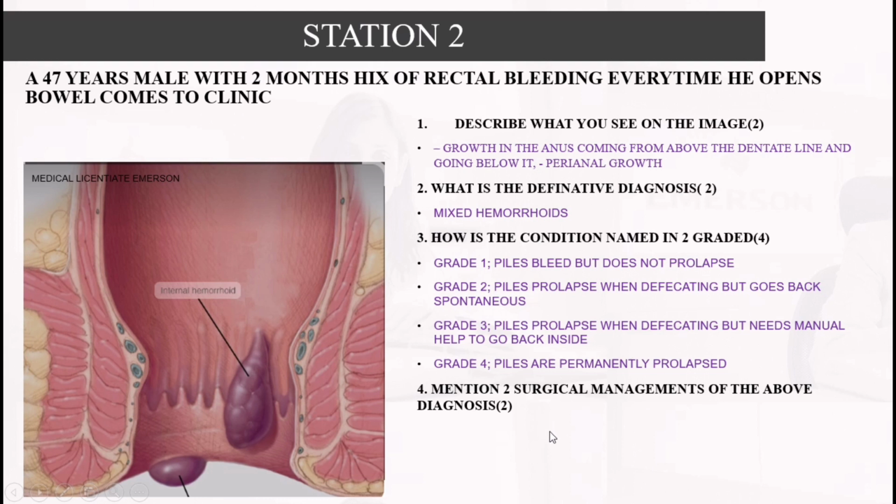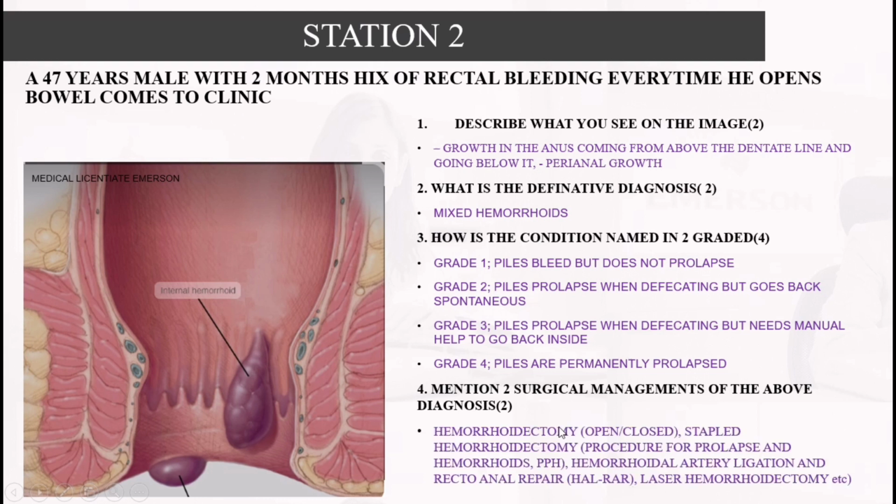So they mentioned 2 surgical managements. For surgical management, we have hemorrhoidectomy, which can be open or closed. For open, there are techniques usually named after a person, but since they didn't want the exact techniques, they just want the surgical management.